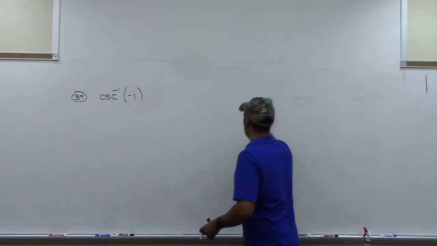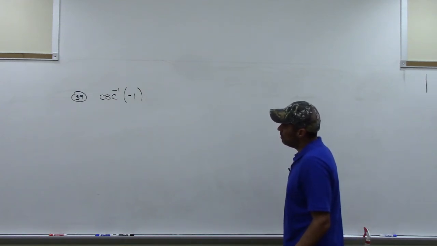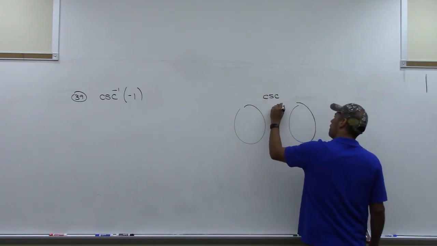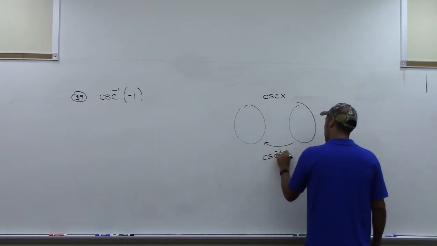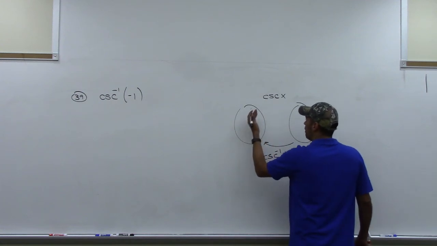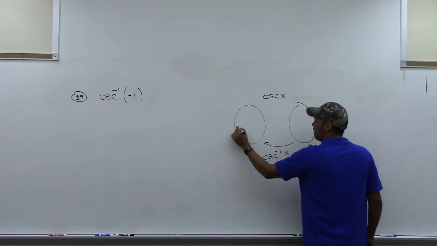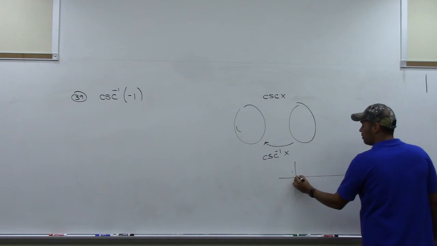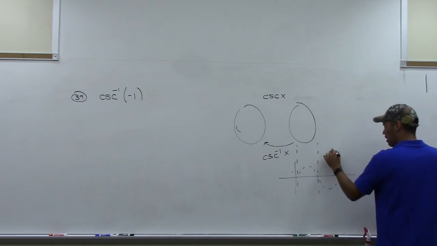All right, cosecant inverse of negative 1. So remember, for cosecant, let me draw this picture. Cosecant of x, and then the inverse goes back, cosecant inverse of x. So over here, the domain of cosecant, the way we cut it in order to make this work was to go from, let me see, this is a good example of how I don't have all these memorized. So cosecant is reciprocal of sine. So I graph sine. Here's my verticals.